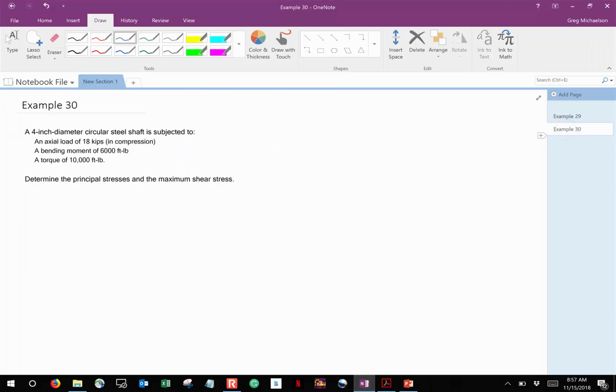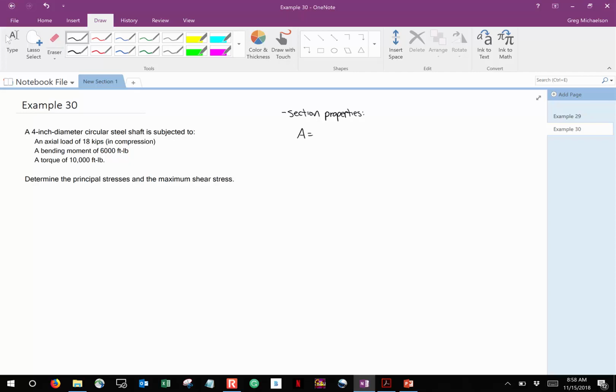Okay. So the first thing that we're going to do, just like we did on the last problem, is compute section properties, although we're going to need a few more of them. First off, we do need an area of the shaft.